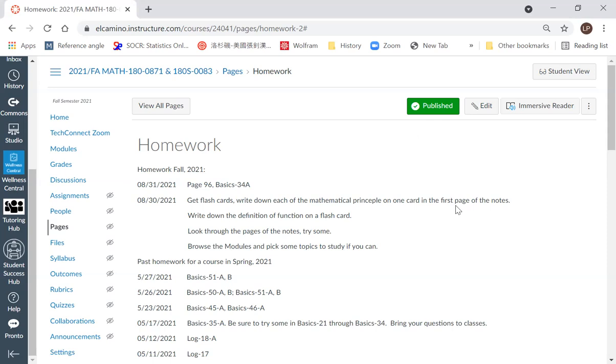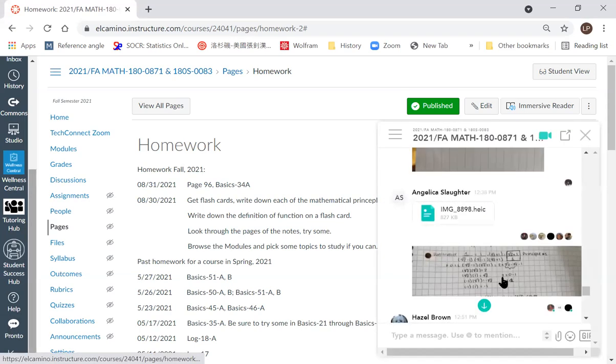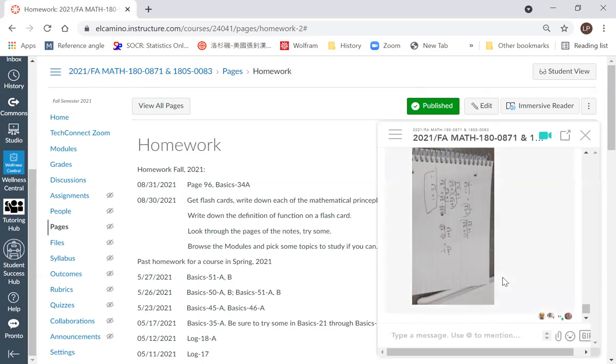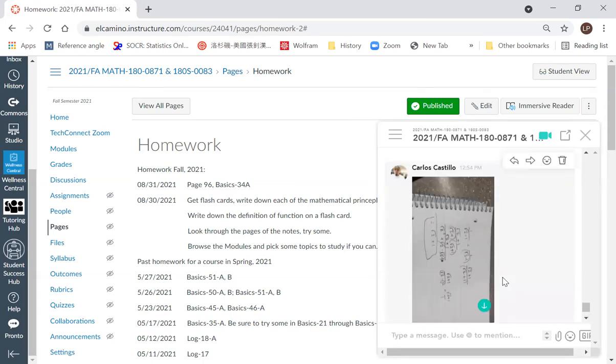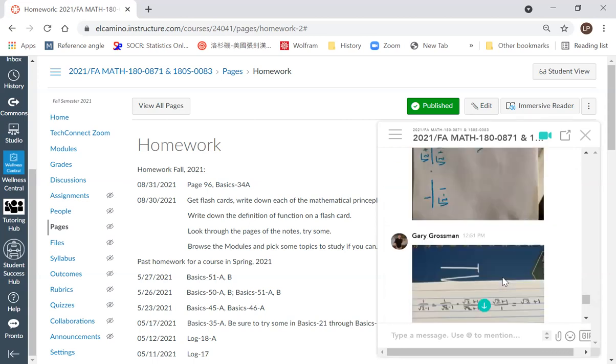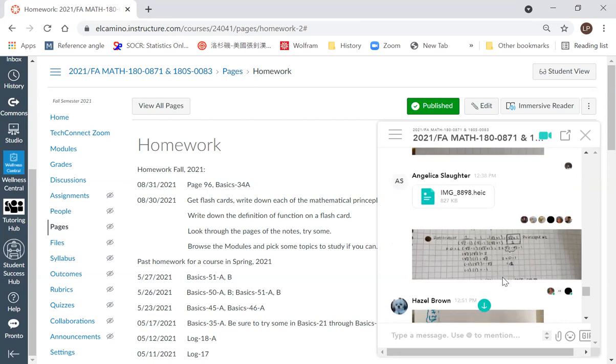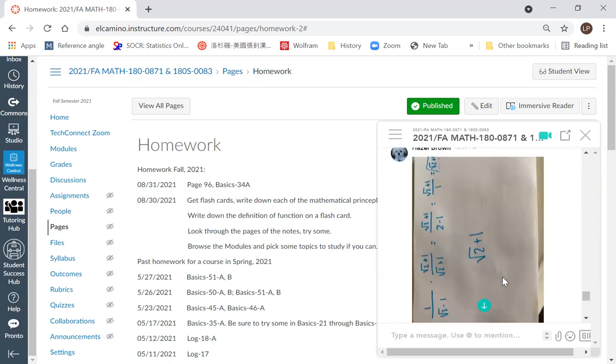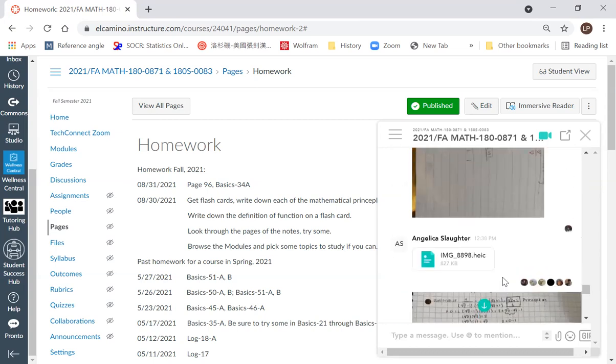Sorry, Professor, I really appreciate it. I sent my Zoom ID number for Thursday on chat, and I will repeat it and send it again through Pronto. And thanks. Carlos' work is perfect. Gary's work is perfect. Hazel's work is perfect. I got it.